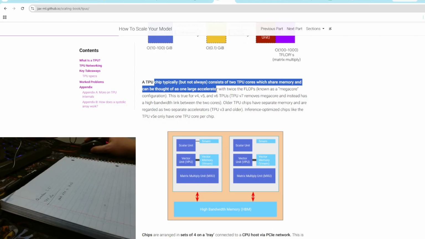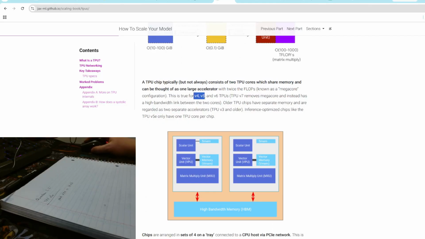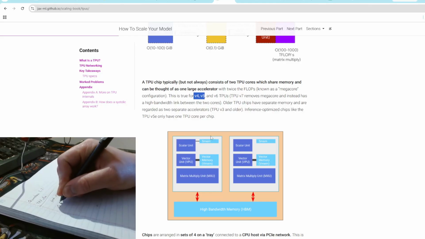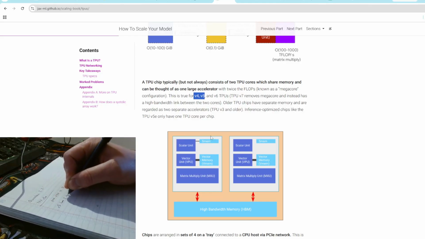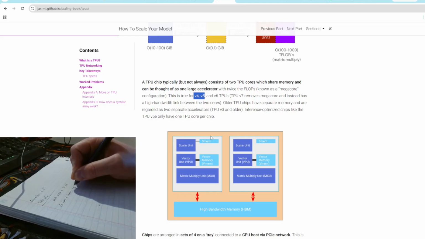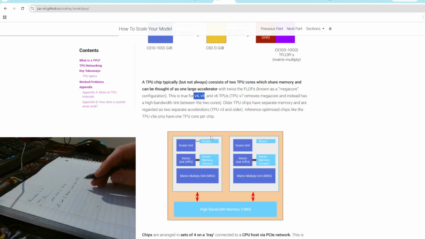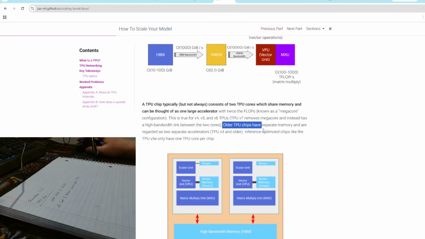I thought it was one large accelerator. That's true for V5. V5 has 2 tensor cores per TPU. Let's write all the information that we know down first, and then we can deduce from that. Okay, so we know that.